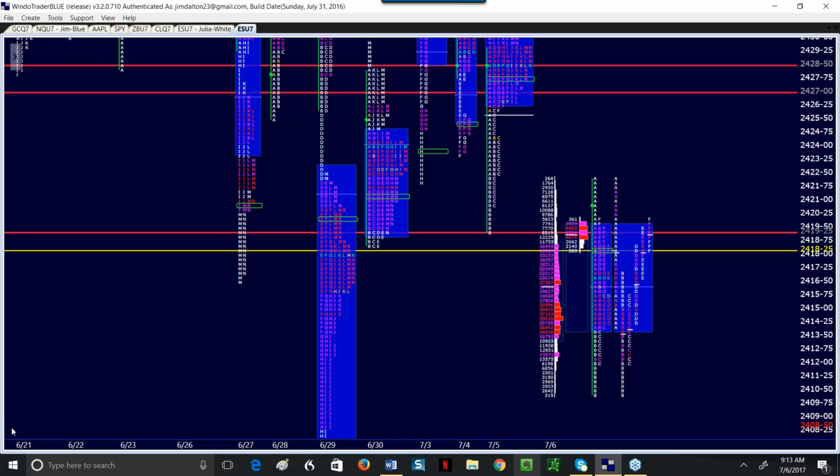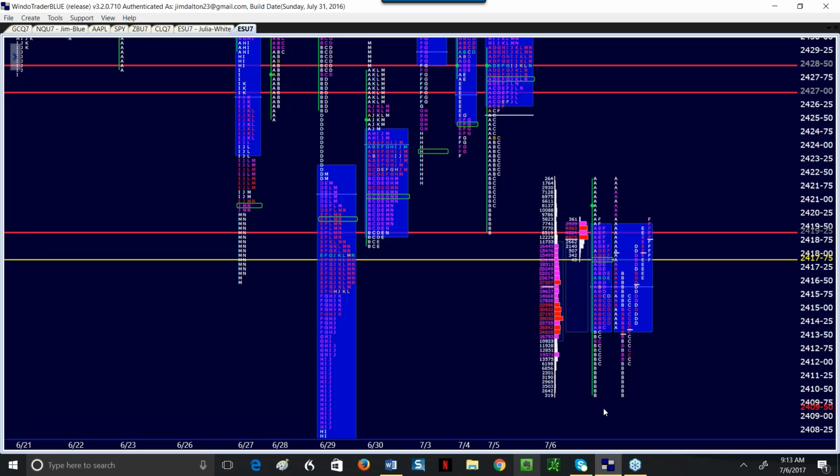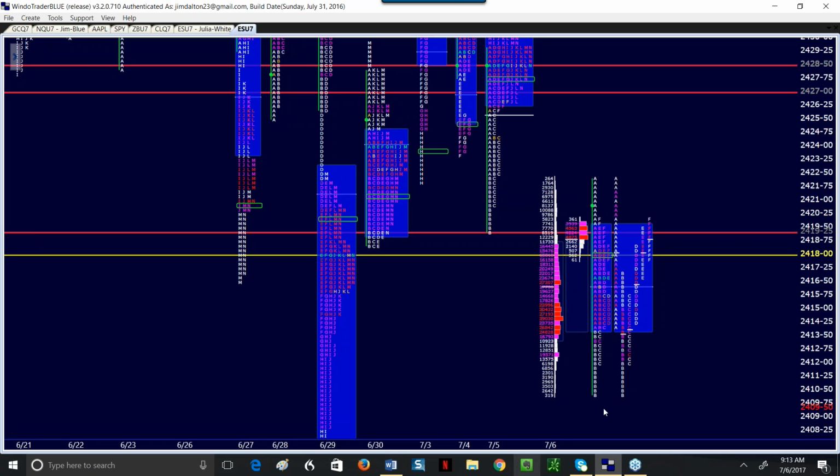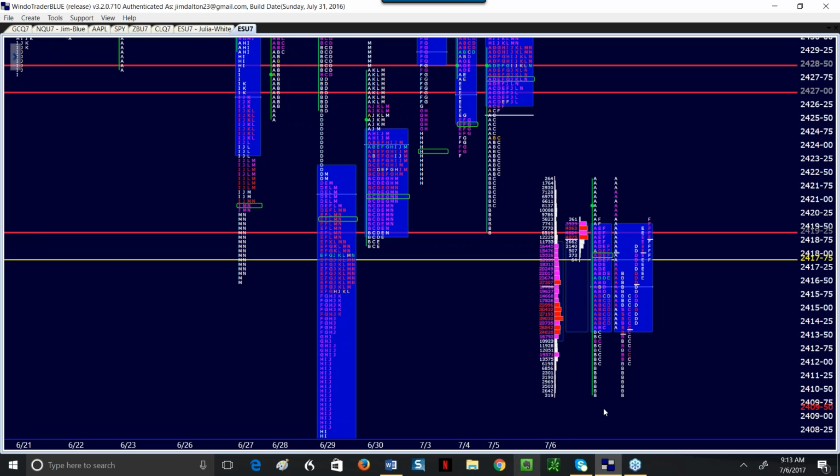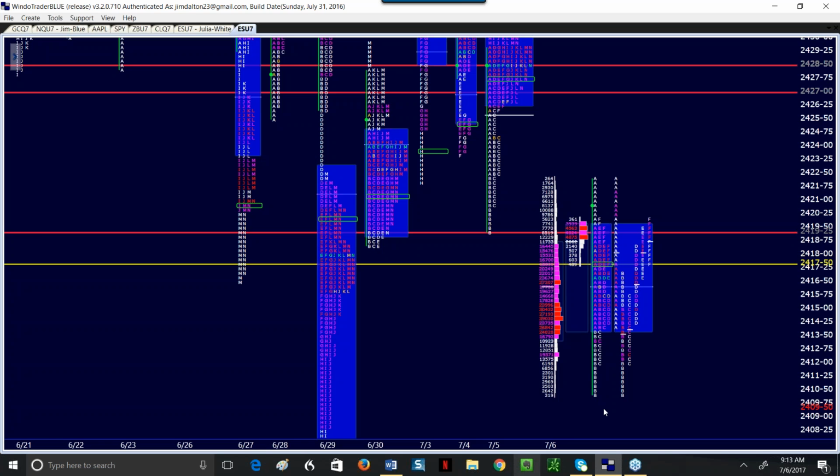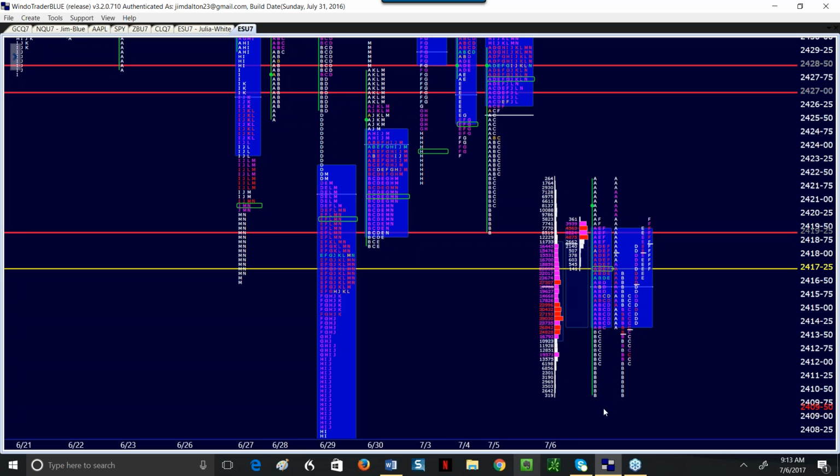Well, part of what I was looking at, there were an awful lot of single prints. And it just seemed to be too many single prints without seeing pretty clear downside continuation from the market. As it turned out, it was a sign that the market was getting too short.